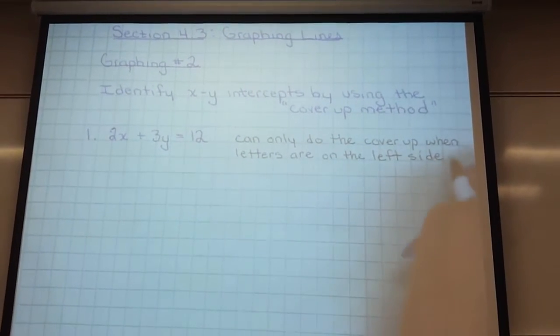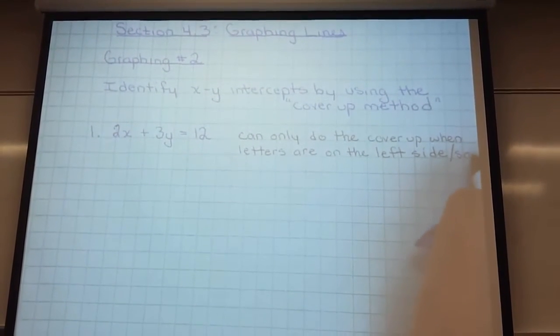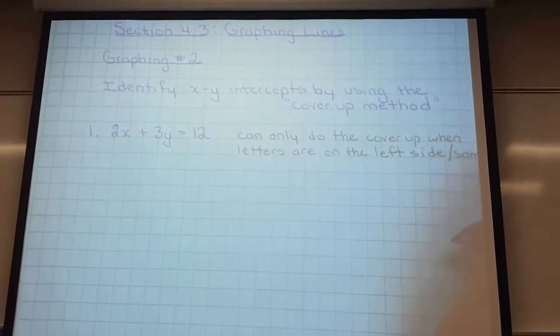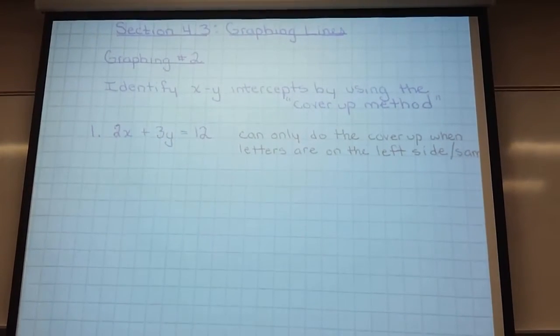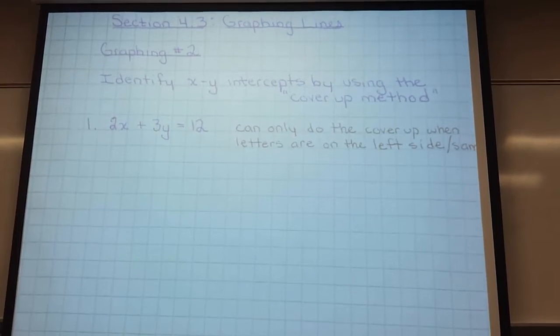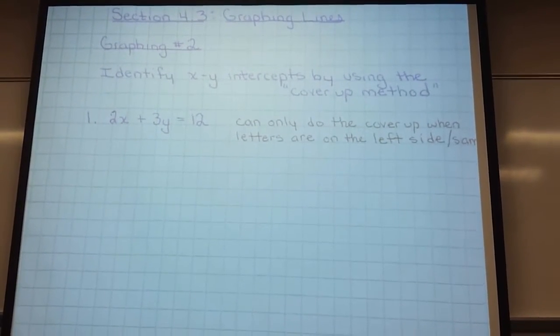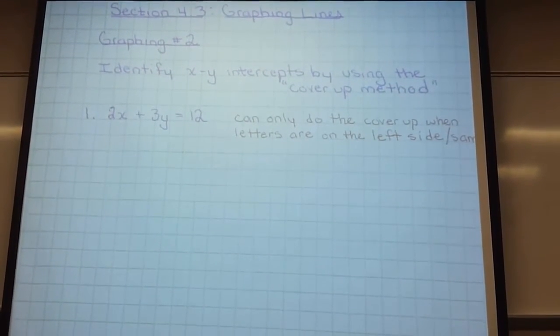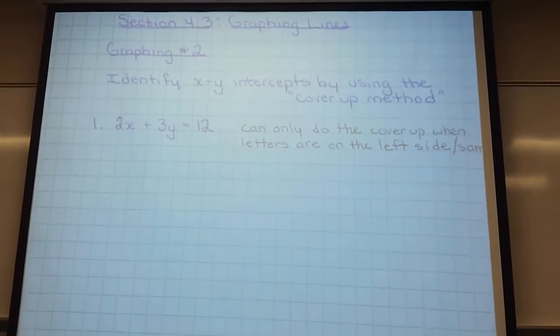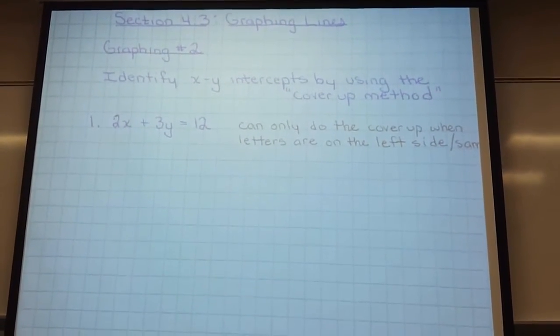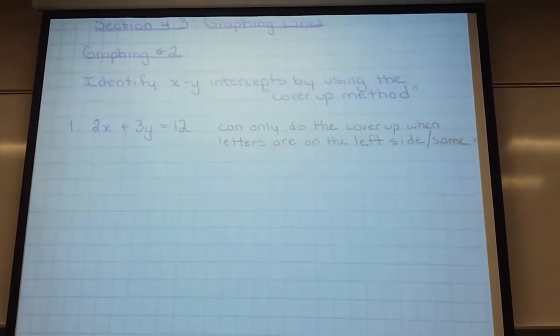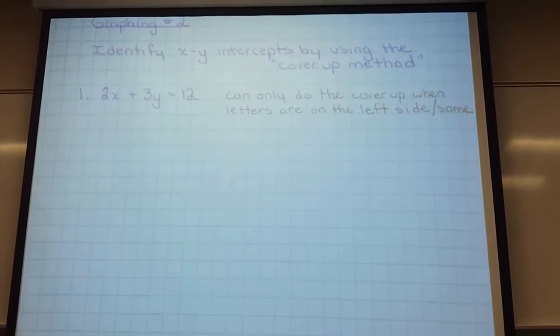Left side, same side. They're either both on the left or both on the right. I've just never seen it on the right, but they could be. All right, so they have to be on the same side. If they're not, then that's when you would use a different graphing technique. But when they are, finding the x, y intercepts is the easiest way to do it.